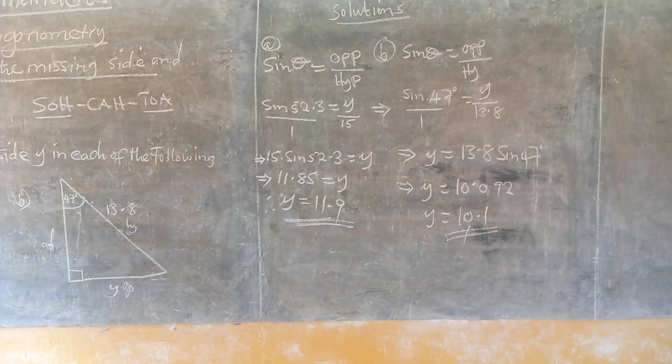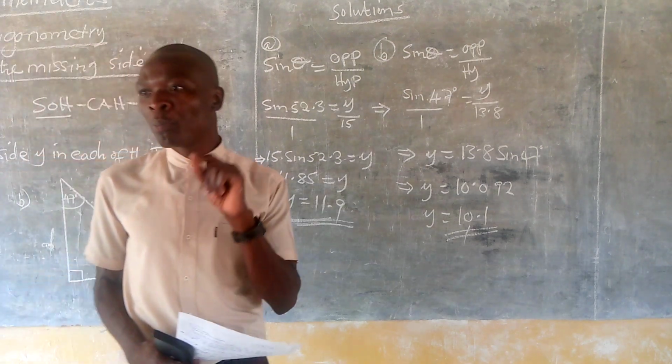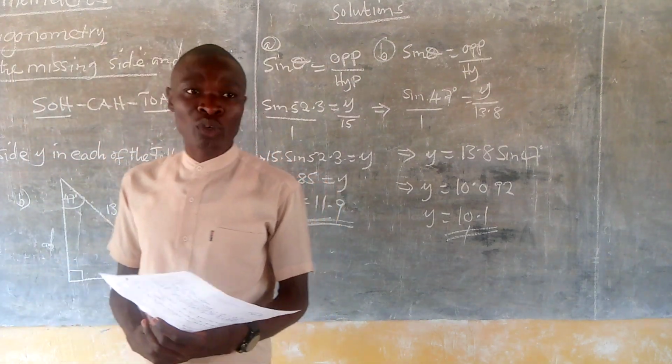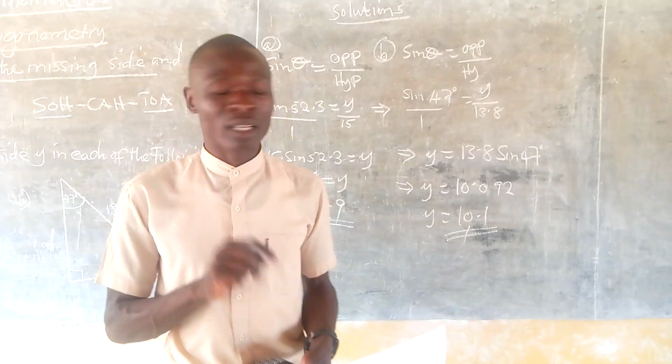That's how you find the missing side. I'll keep on emphasizing: when you're picking the ratio, we don't just pick anyhow. You pick according to the sides that are given. So it's very important, before you even start answering, that you know the sides that are given.